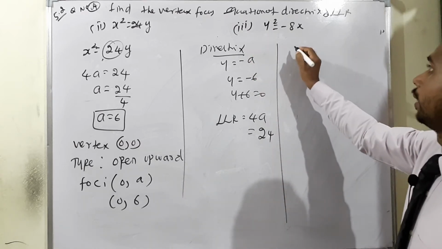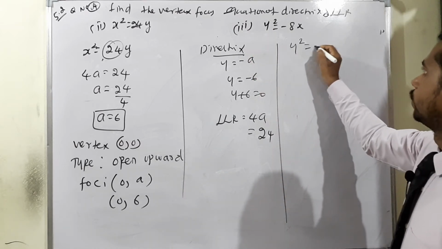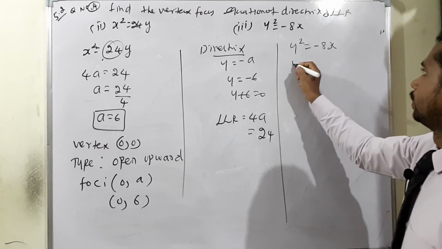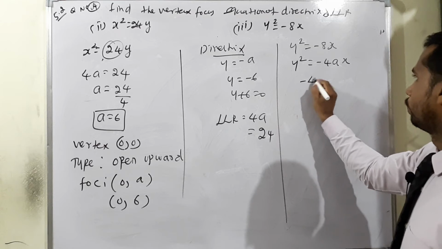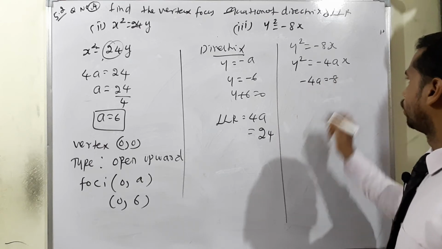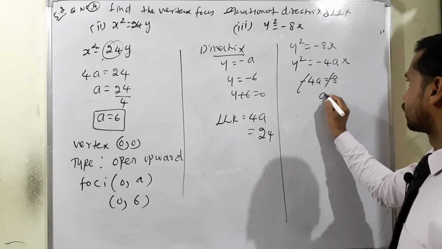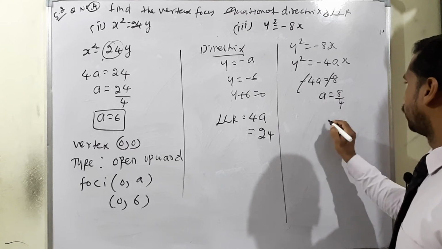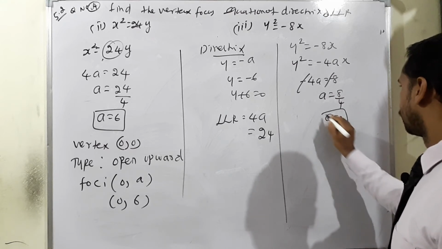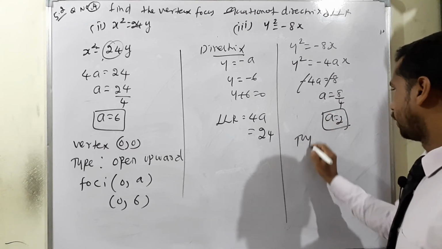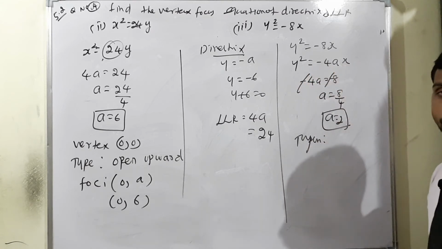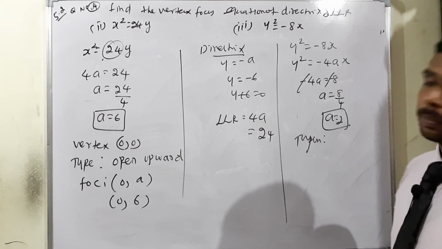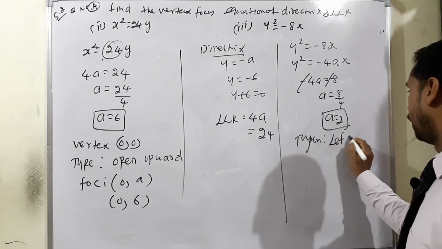Subdivision third, look at this. This is y square is equal to negative 8x. This is considered as y square is equal to negative 4ax. Therefore negative 4a is equal to negative 8, means negative negative cancel. Therefore a is equal to 8 by 4, so a is equal to 2. Then the type. This is actually y square is equal to negative 4ax, which means left side open parabola.